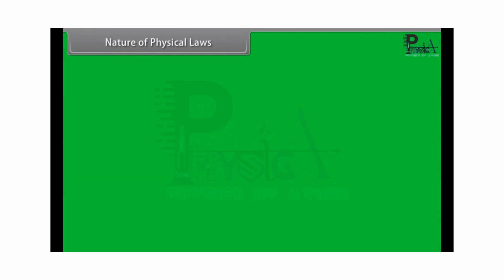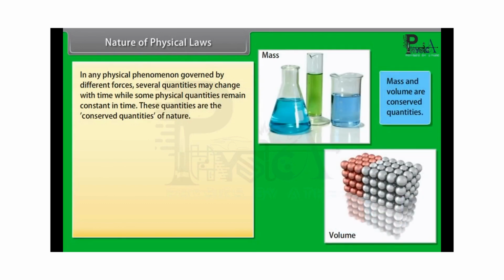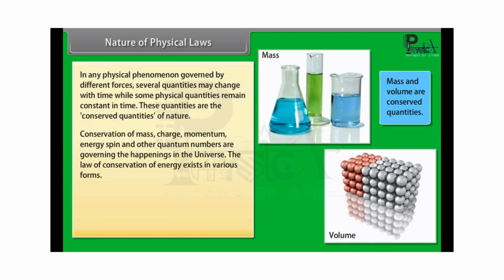Nature of physical laws. In any physical phenomenon governed by different forces, several quantities may change with time while some physical quantities remain constant in time. These quantities are the conserved quantities of nature. Conservation of mass, charge, momentum, energy, spin, and other quantum numbers govern the happenings in the universe.